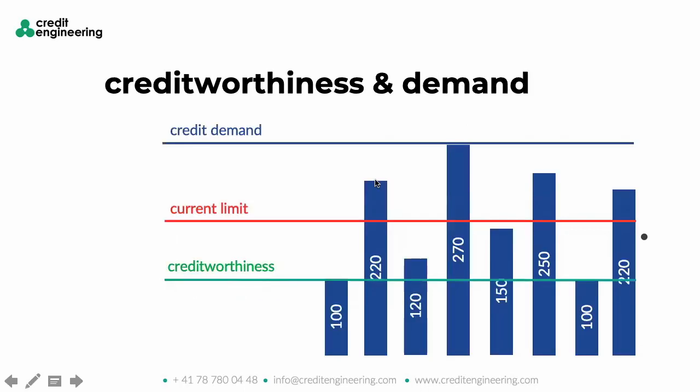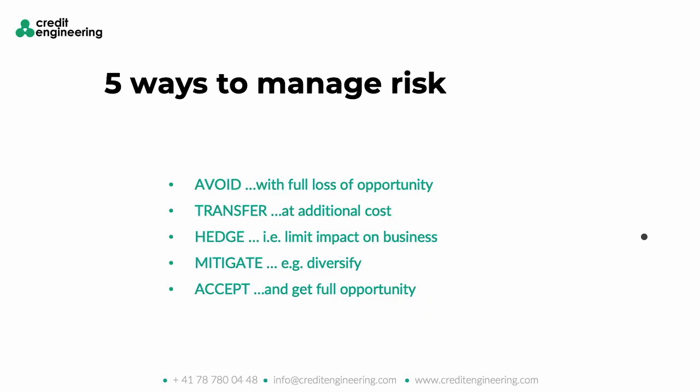And then, technically, what we do is compare creditworthiness with credit demand, and then decide what we can do with the difference. It is quite simple because there are 5 ways to manage risk. We can avoid risk, we can accept risk and obviously get the full opportunity.